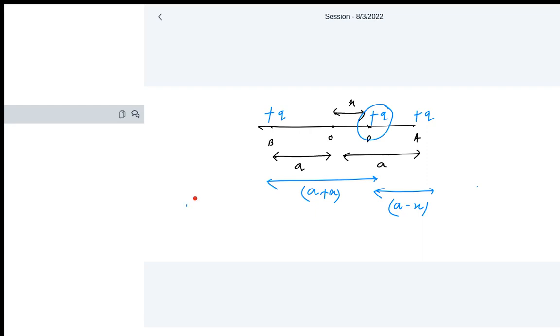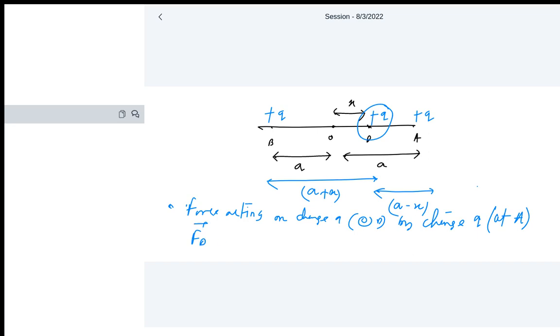Now the force acting on charge Q at D by charge Q at A, this is the first case, and it is equal to F_DA vector equals 1 upon 4 pi epsilon naught Q square upon (a plus x) whole square, with a negative sign.